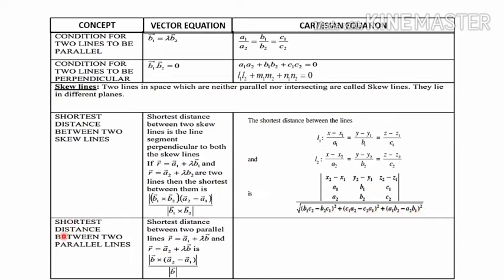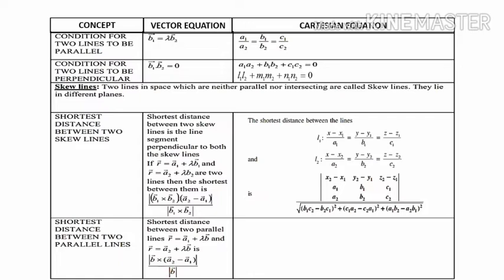Next, we have learned about the shortest distance between two parallel lines. There also we used the modulus together while studying, but here I'm using it separately, so it's not a problem; both are the same. Whichever is convenient, you can use that one. Here the distance is |b × (a2 − a1)| divided by |b|.